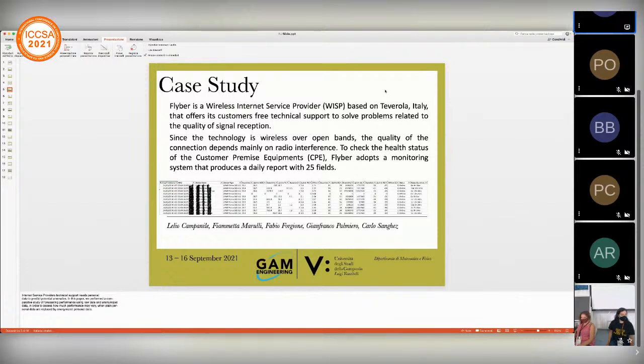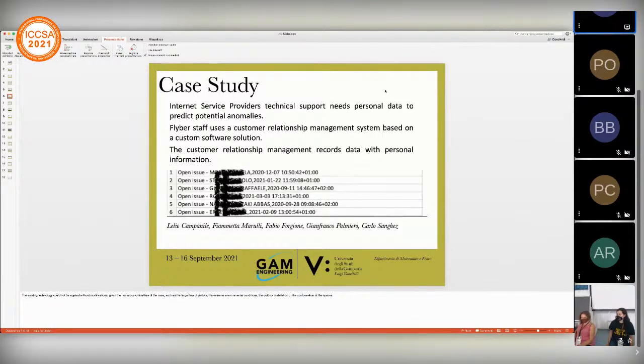Sometimes, because the connection is not so good, a customer of Flyber opens an issue, and as a consequence of the opening of the issue, the staff of Flyber saves a lot of information according to the issue: name, identity of a customer, location of the house, IP address, MAC address, and so on.